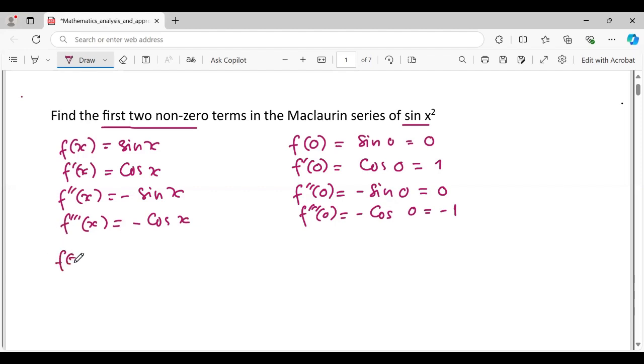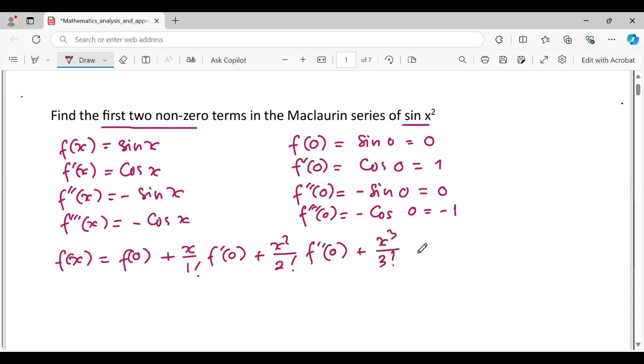So f(x), or sine x, will be f(0) plus x over 1 factorial of the first derivative at 0, plus x squared over 2 factorial of the second derivative, and the second derivative is 0, then x cubed over 3 factorial of the third derivative, and so on.